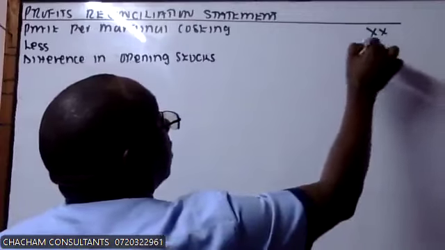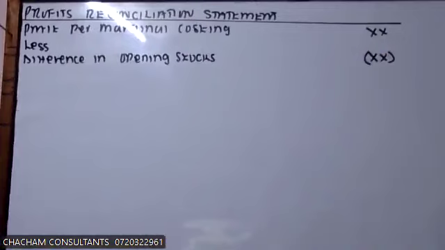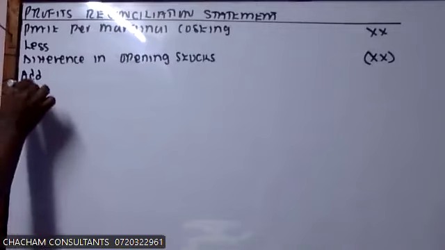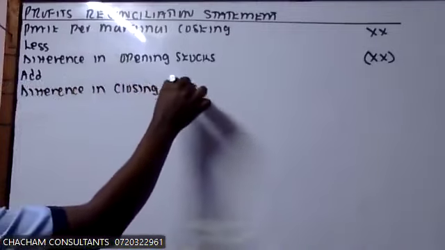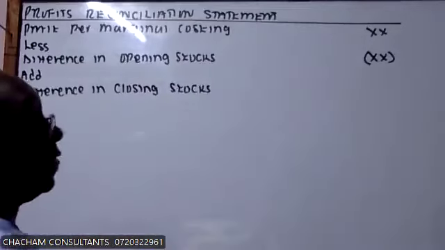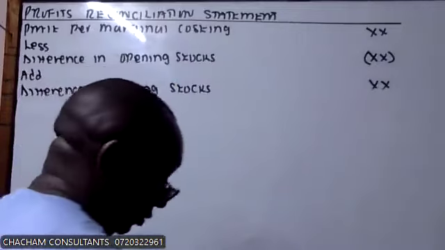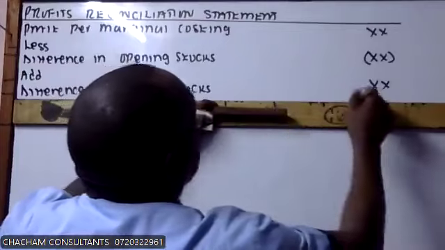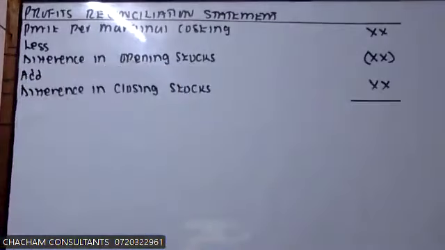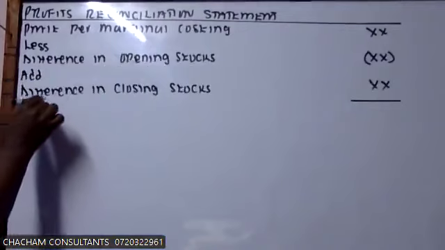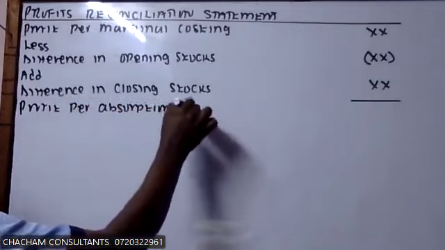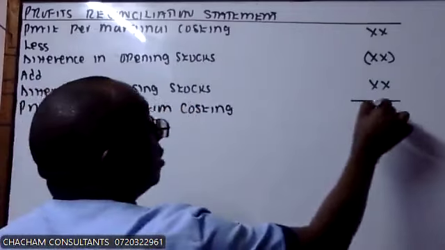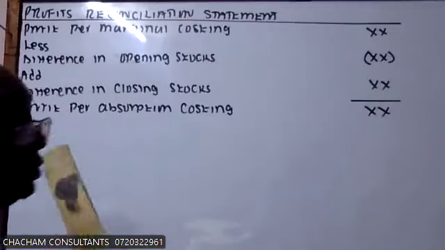You add difference in closing stocks. This gives you profit per absorption costing.